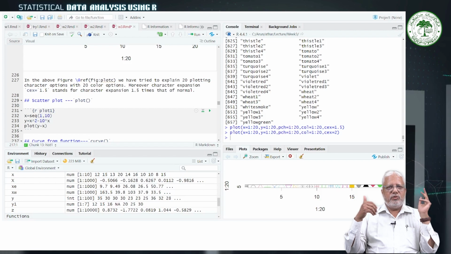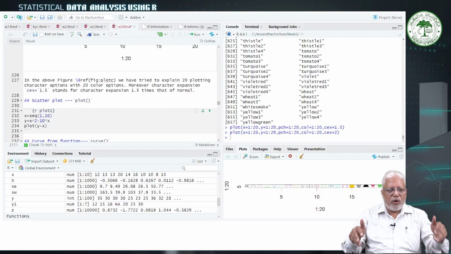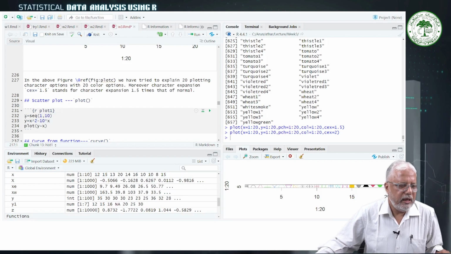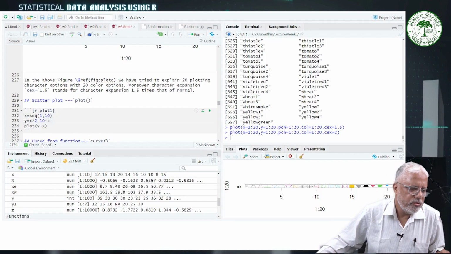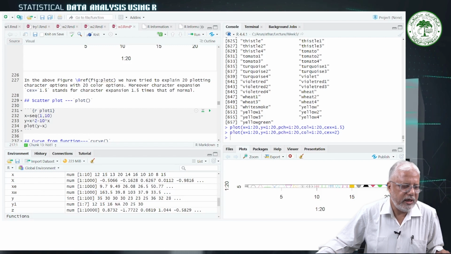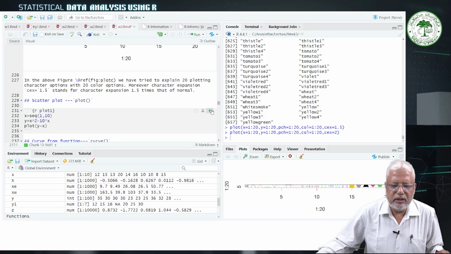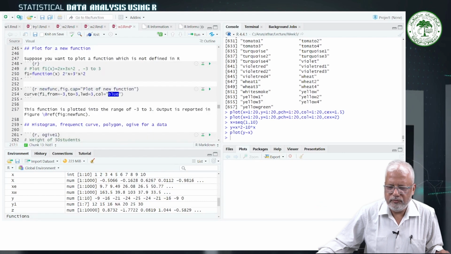Similarly, plot is also a high level graphic function because it creates a new plot. Here x is equal to seq 1:10, y is equal to x raised to the power 2 minus 10 times x, and plot y versus x. So here we have got the figure.